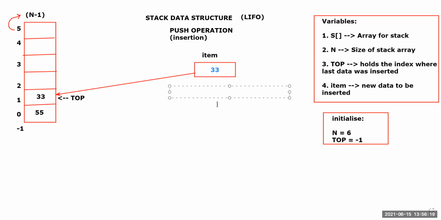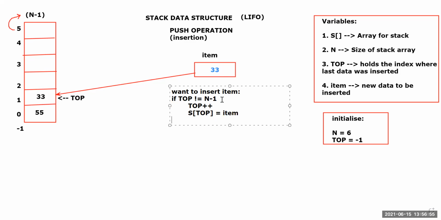Whenever I want to insert item, for that, first of all, if top is not equal to n minus 1, then what I'll do is I'll first increase my top by doing top plus plus, and then at the S top, I will just copy my item. That's it. Push is done.